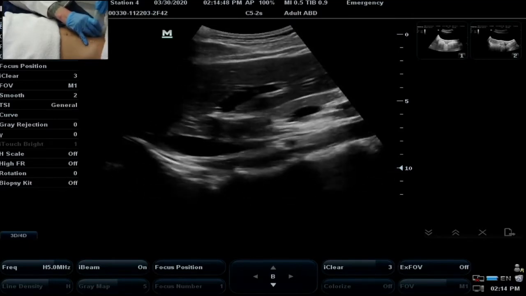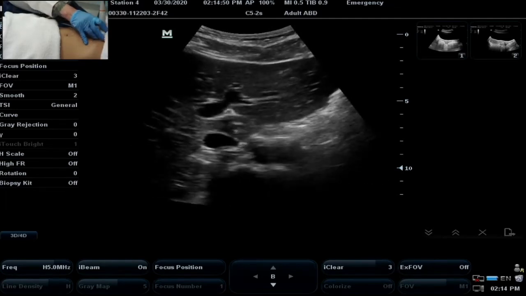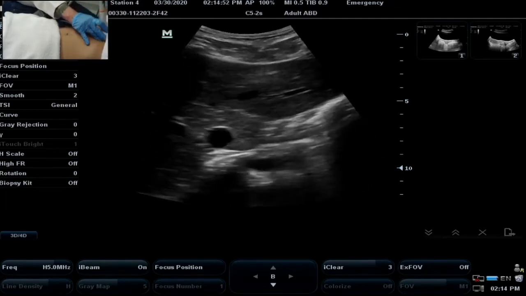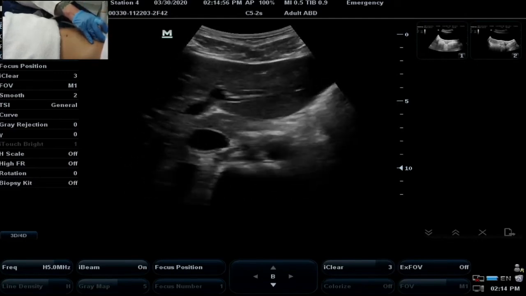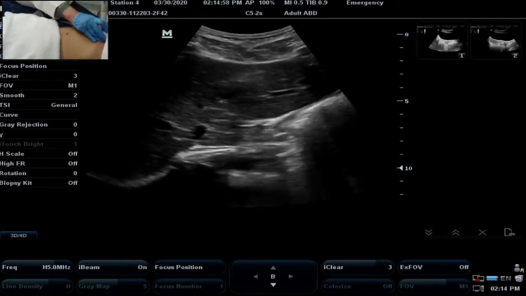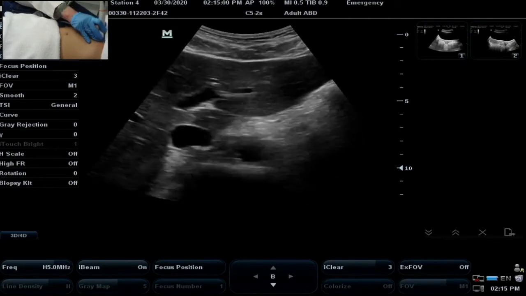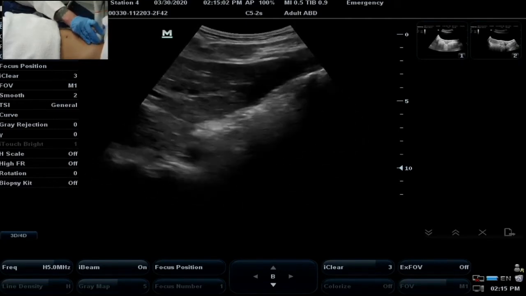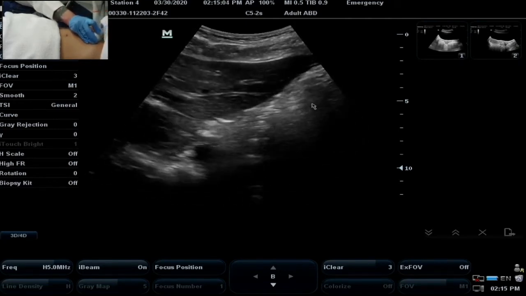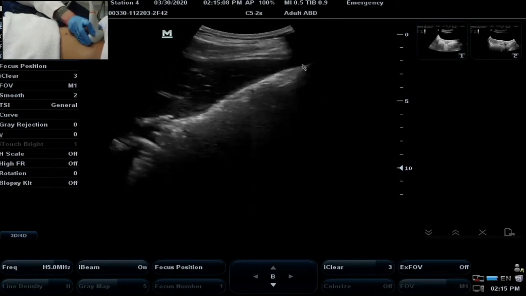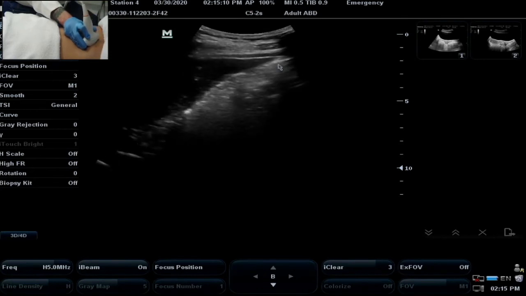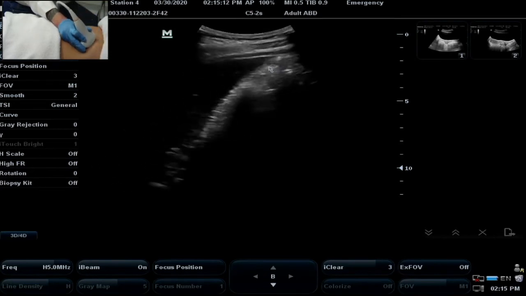Now I am going to rotate my probe counterclockwise 90 degrees and then breathe, and I am at my left lobe, and so now I'm going to make sure I look all the way to the tip of the liver, and again look at how long the liver is in this female patient.